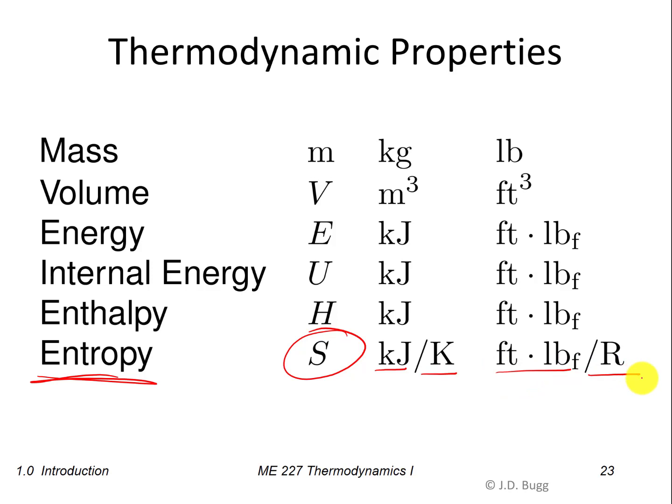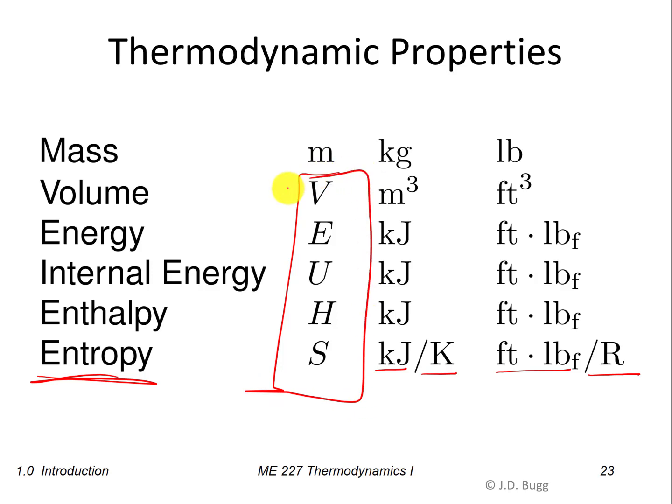So we're not going to define entropy right now, we're just laying out what symbol we're going to use for it. So this set of numbers that go along with this set of properties defines the thermodynamic state of the system. Now, the fact that all of these symbols that we're using here are uppercase is significant, and I want to talk about that next.